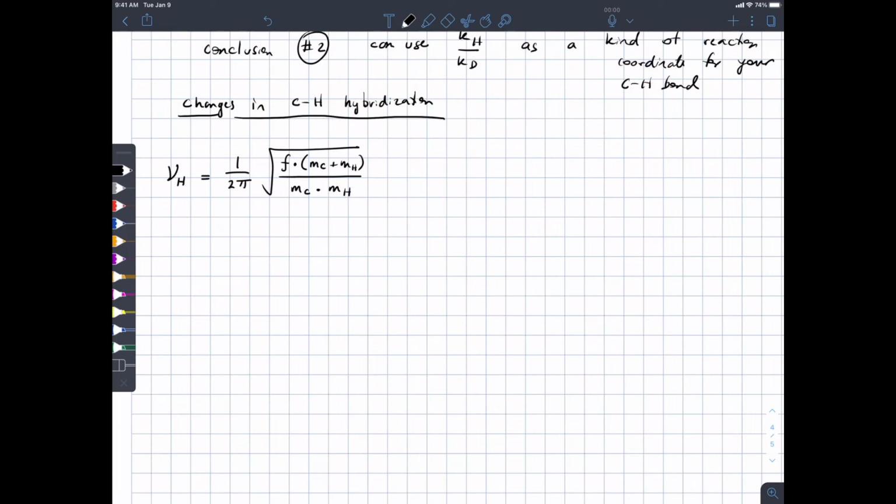Let's think about the frequency of vibration for hydrogen in, say, the starting material versus hydrogen in the product, and whether the force constant in the starting material can be expected to be different from the force constant in the product.